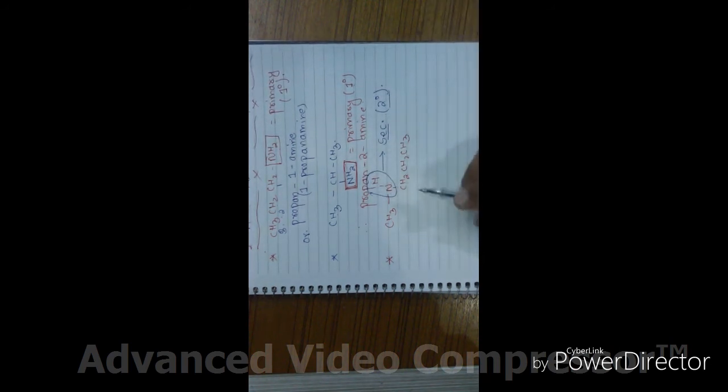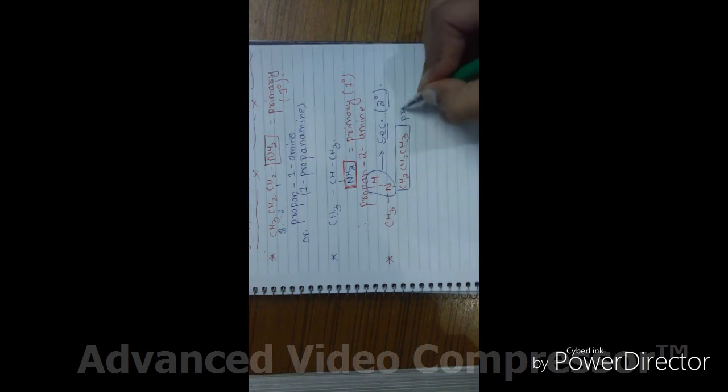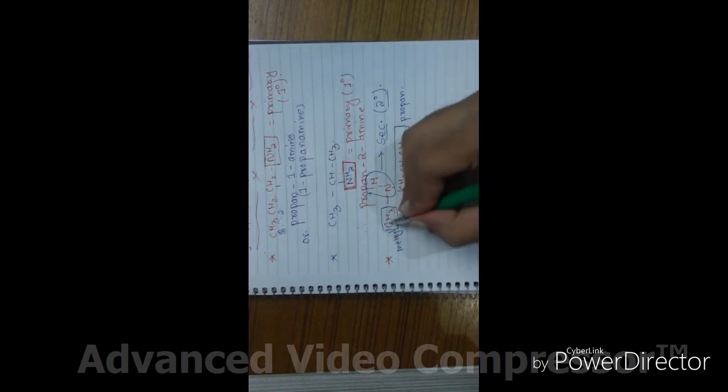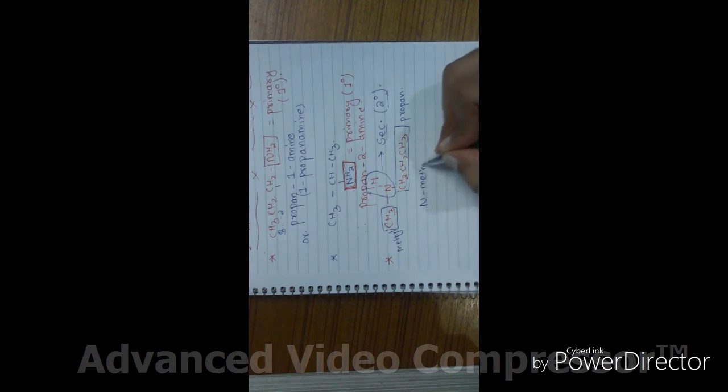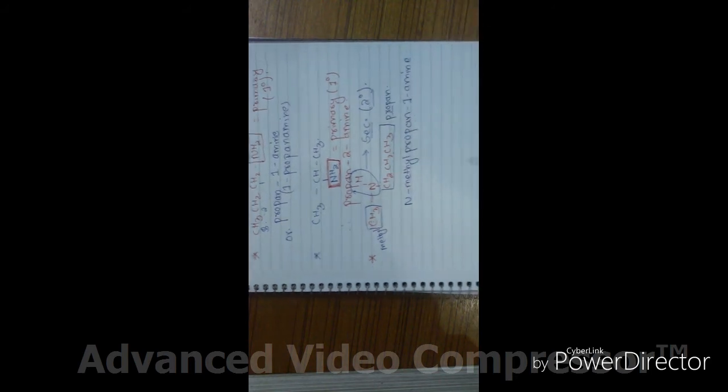So for the nomenclature, this is the propane group and this is the methyl group. So N-methyl, smaller group first, and then the larger group, propane-1-amine. So this is the nomenclature of this secondary form.